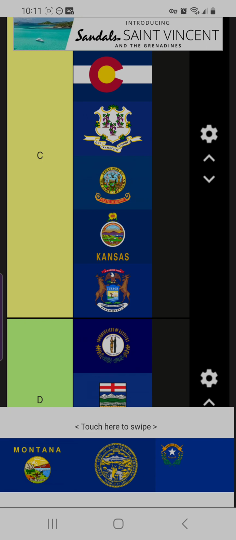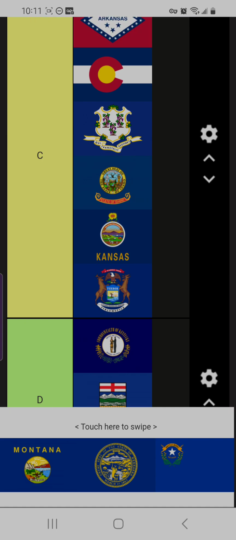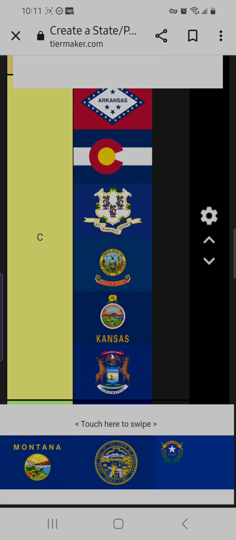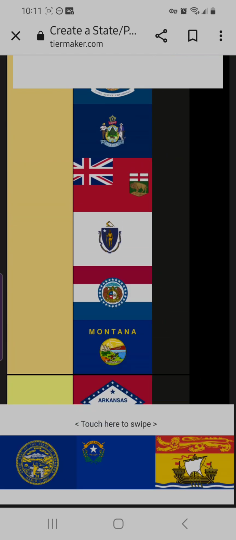This is a good seal. I will give this a high B. I know this is just a seal, but it's a good seal. Don't get me wrong. If you don't think this is a good seal, then what's going on with your brain?